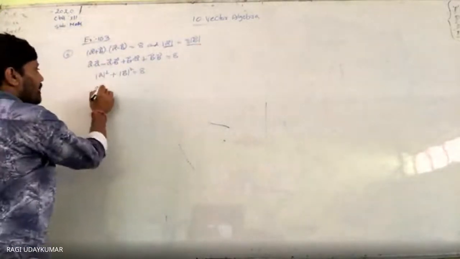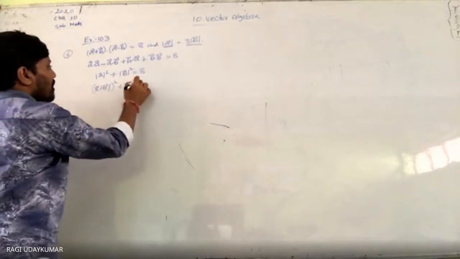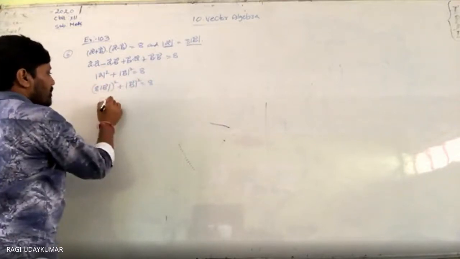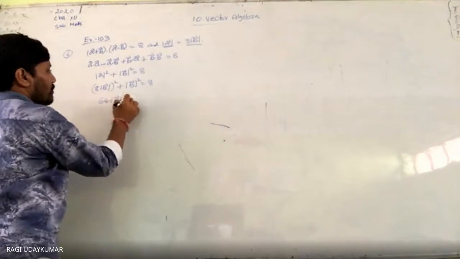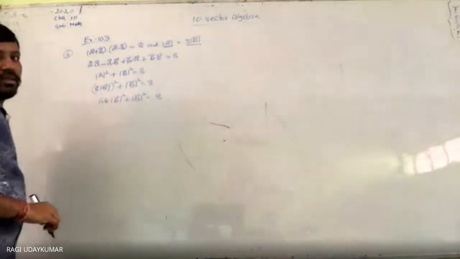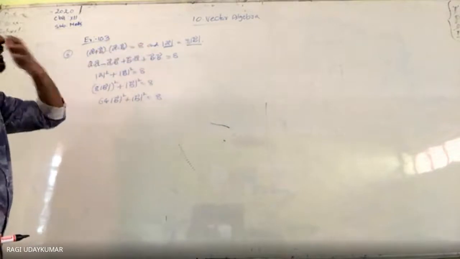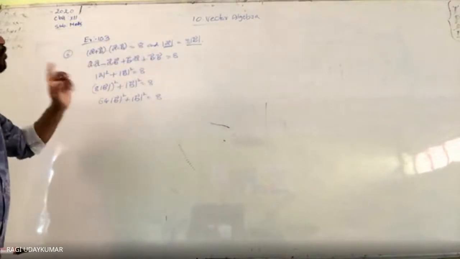So you can write here (8 times magnitude of B bar) whole square plus magnitude of B bar square is equal to 8, that is 64 times magnitude of B bar square plus magnitude of B bar square is equal to 8. Did you understand here? Because magnitude of A bar is given as 8 times magnitude of B bar.